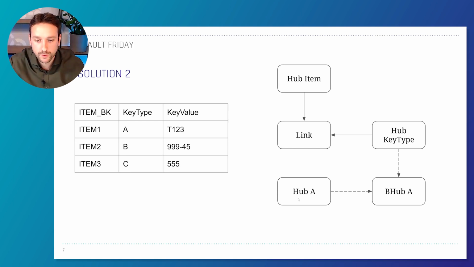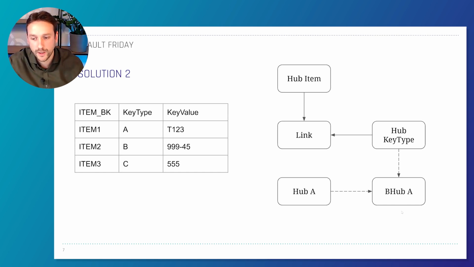So hub A is loaded from other source tables. You load everything into the hub key type, and then you create a business hub A, where we basically select star from hub A, union all select star from hub key type, where key type equals A, basically. So there you could make sure to have every business key in one single hub, which is a newly created business hub.